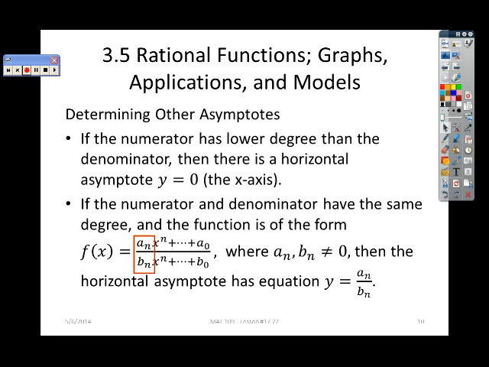That fraction comes from this coefficient and this coefficient. Whatever these two coefficients are on that largest exponent. These two coefficients form the fraction, and y equals that fraction is the horizontal asymptote. Remember, y equals a constant is a horizontal line.